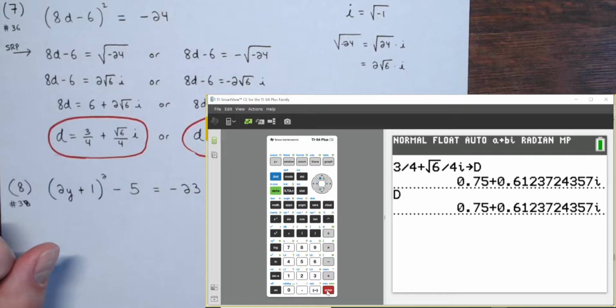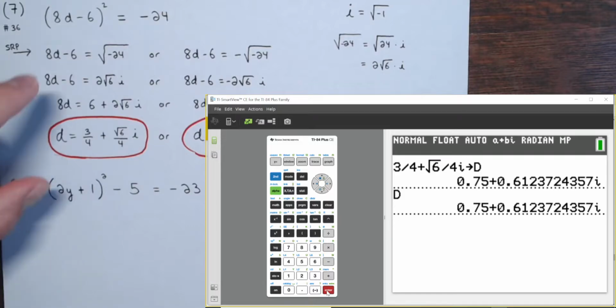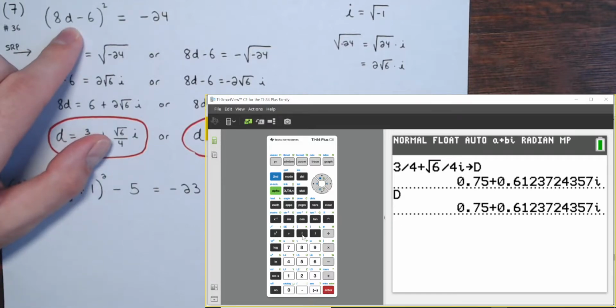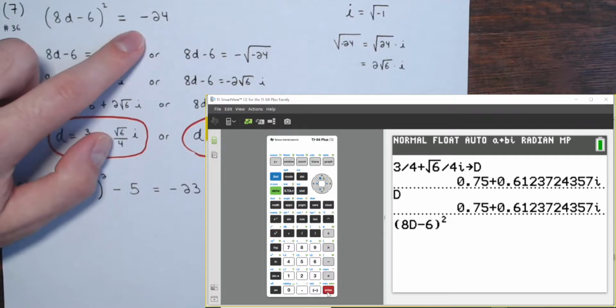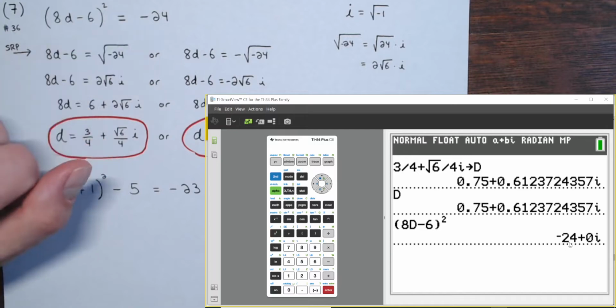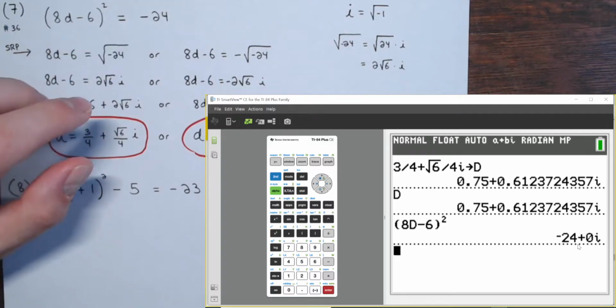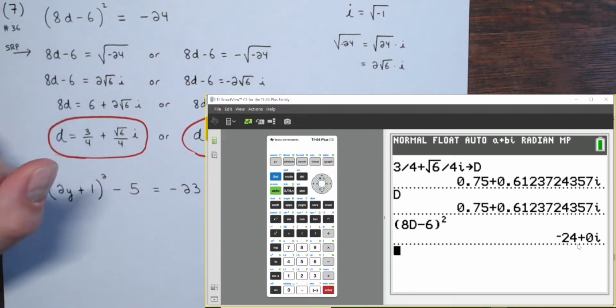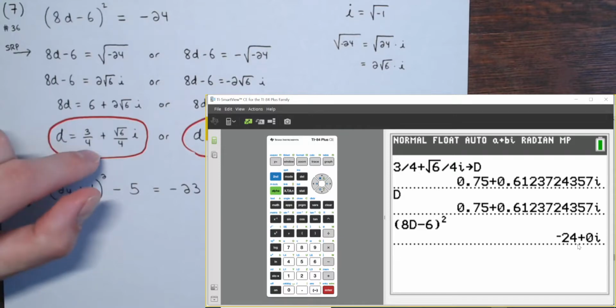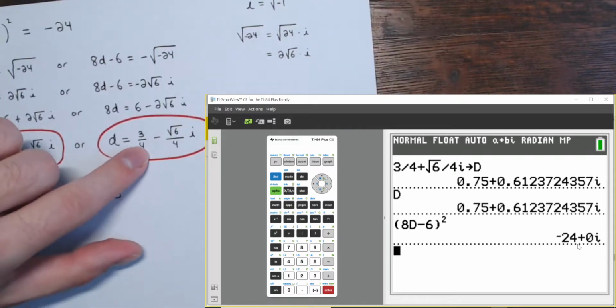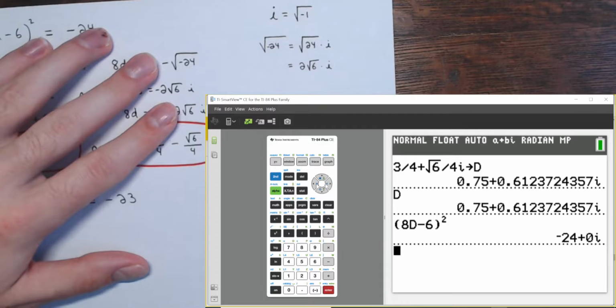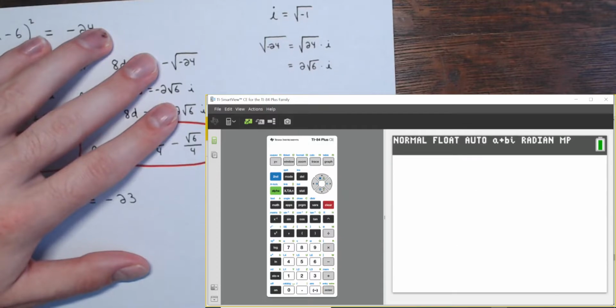So what I want to do now is put in the left side of the equation, the quantity 8d minus 6 squared, and hopefully I get negative 24. And look at that, negative 24 plus 0i, right, which is negative 24. So that solution works, and I leave it to you to check the other one. All right, but they should both work out. Wonderful.